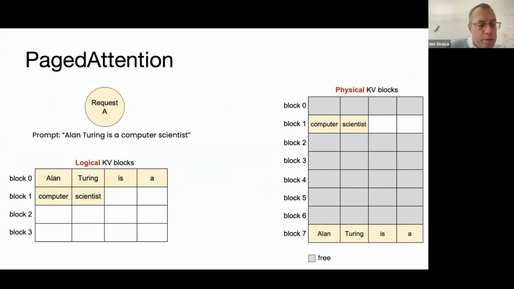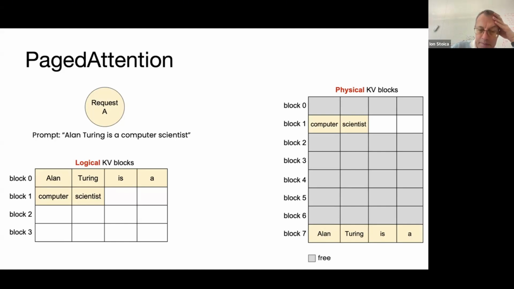So you have a logical view of the memory, and then a physical view, right? The logical view is what the application sees, and the application is going to continue to see contiguous regions of memory, right? So as you can see on the left-hand side, "Alan Turing is a computer scientist" is contiguous, right? And you have this notion of blocks, which is similar to the notion of pages for the operating system, and a block has a fixed number of tokens.